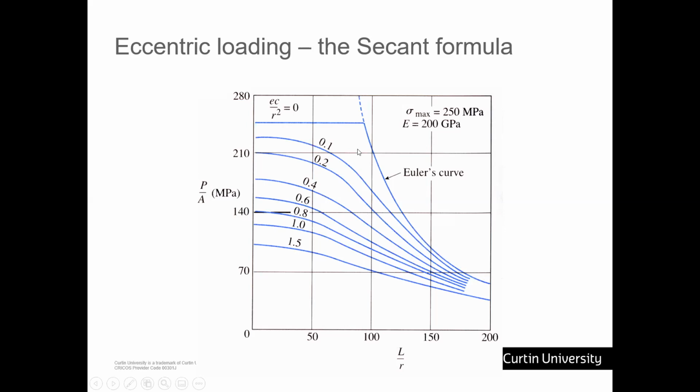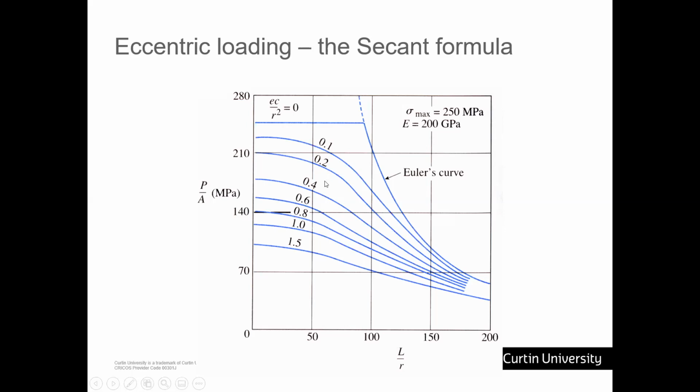This is the Euler formula. The slenderness ratio we can apply in this region only. You can see the Euler formula applies only below 140, for long sections and intermediate sections, but not for the short sections.